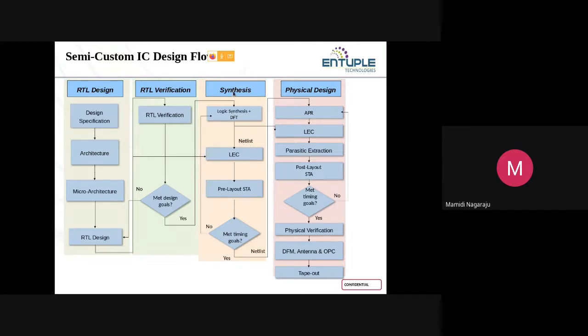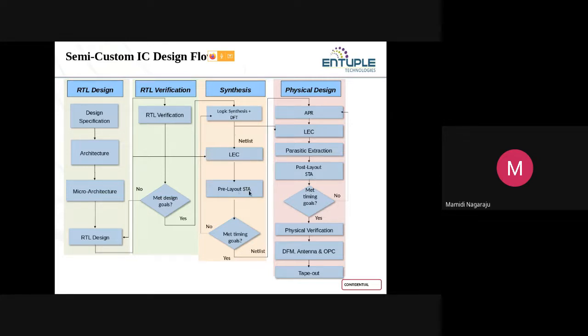In some designs, we can use DFT, design for test, along with the synthesis. But in this design, we are not going to do DFT, because it has a different verification flow. We will do the design flow. LEC means logic equivalence check here, to see whether anything changed after synthesis. Then you will do the static timing analysis.